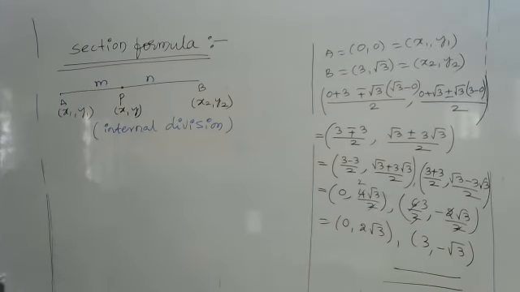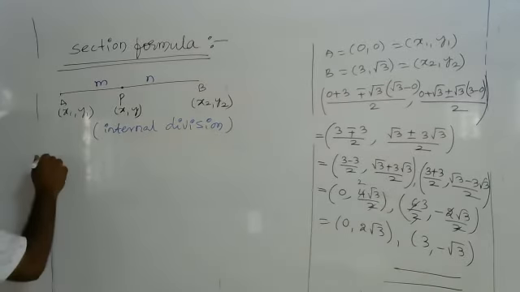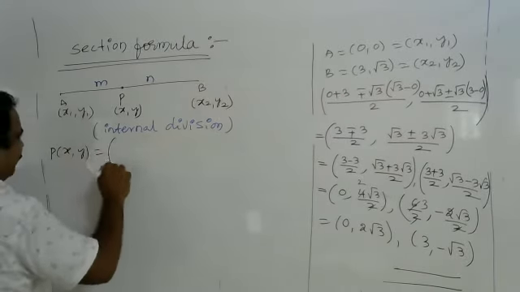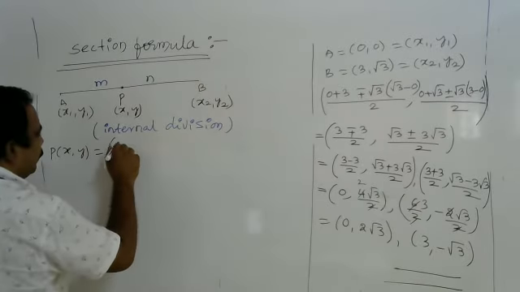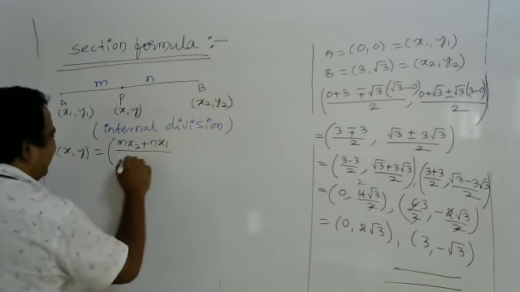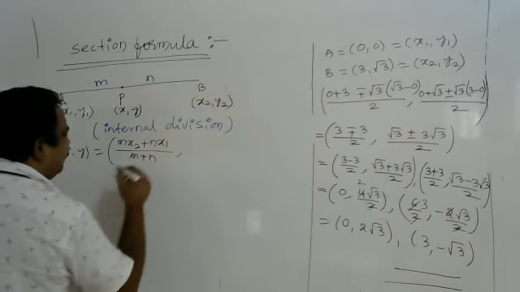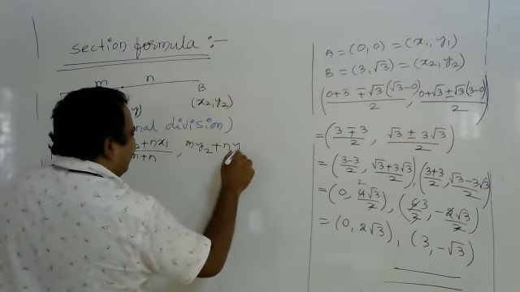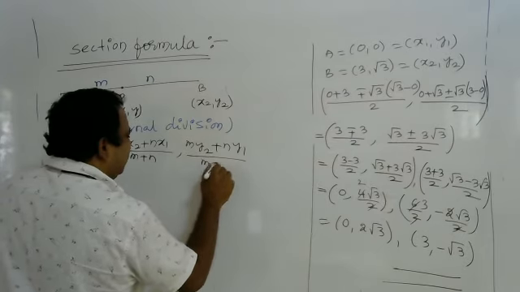So then another case is taken. Okay, here I can write the formula. P of x comma y will be what? mx2 plus nx1 divided by m plus n, my2 plus ny1 divided by m plus n.